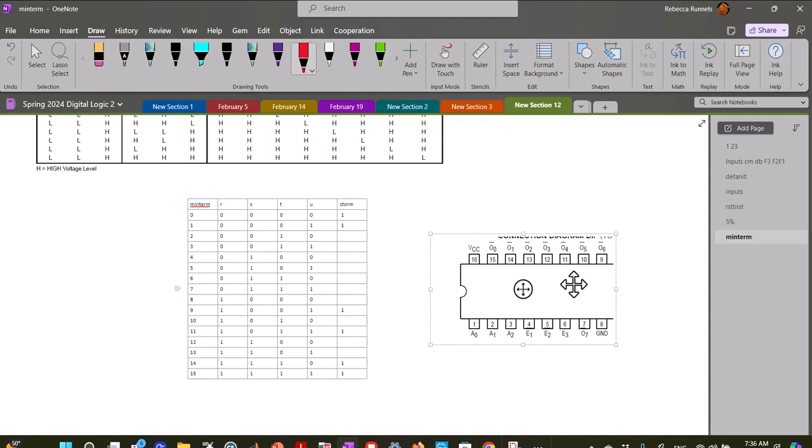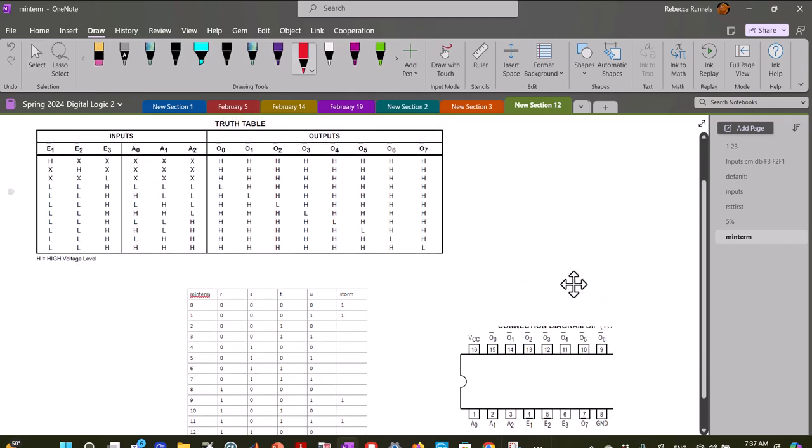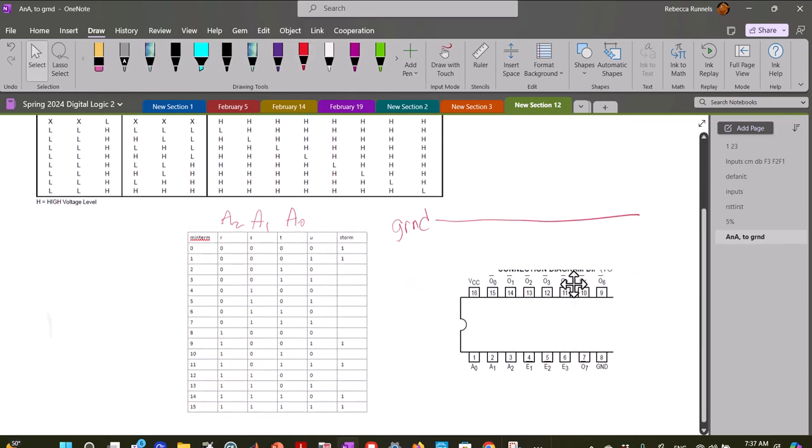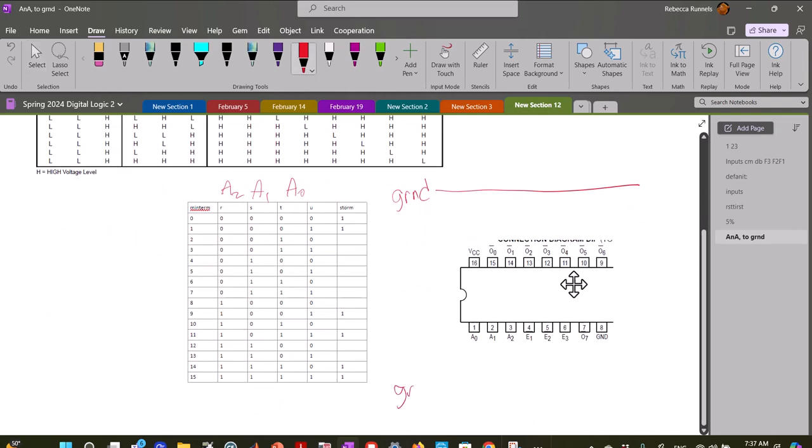So if we want to take, okay, so if R is A2 and S is A1 and T is A0, we need to have ground to E1 and E2, and of course to ground.